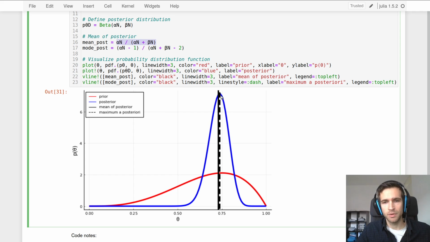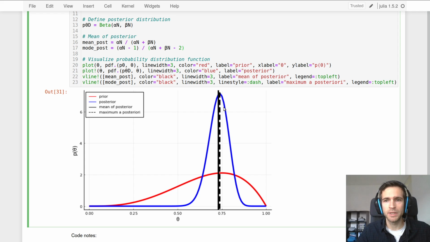Another point estimator would be the maximal value of this posterior distribution. That's called the mode, and we could compute the mode through this function. You can see here that the mean and the mode are not exactly the same. They're very close, but they're not exactly the same. In some distributions they will be exactly the same, such as the Gaussian.